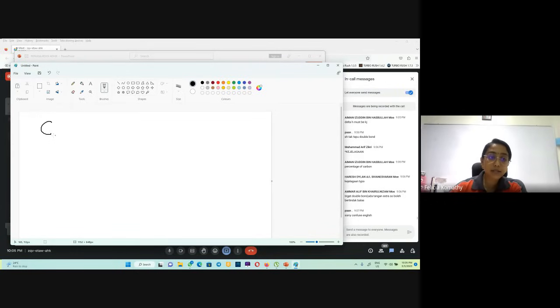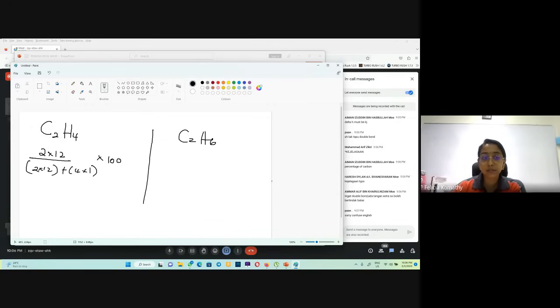Let's say C2H4, C2H6. So here how you calculate: 2 times 12, bilangan carbon bahagikan dengan jumlah molar mass dia. 2 kali 12 tambah 4 times 1. Please calculate, let me know what's the percentage.